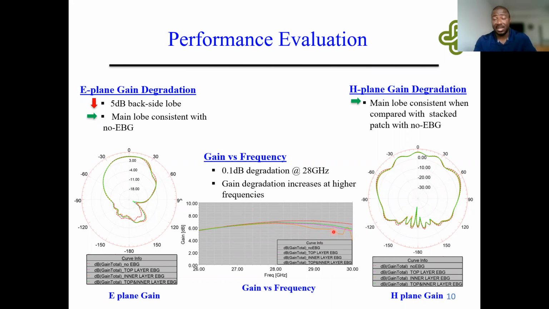That's the downside of integrating mushroom EBG in an antenna environment. There's likelihood of impairing the antenna performance, and it's a good thing that the antenna performance is consistent up to 28, and we're seeing the degradation is less than 0.2, between 0.1 and 0.3 dB above 28 gigahertz.